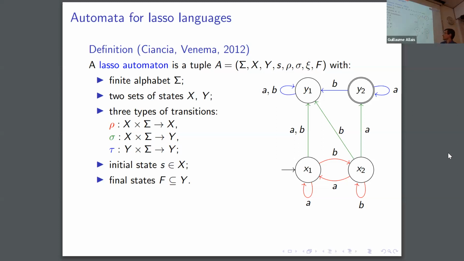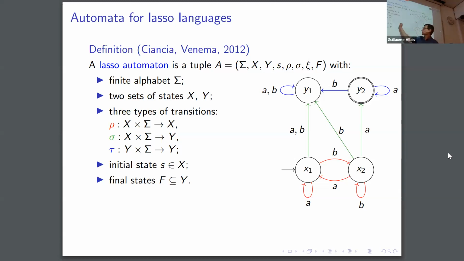And it has three types of transitions. This red type of transition is between x states. We have this green type of transitions starting from x states and going to y states. And then the blue transitions, which go between y states. And then we have an initial state.